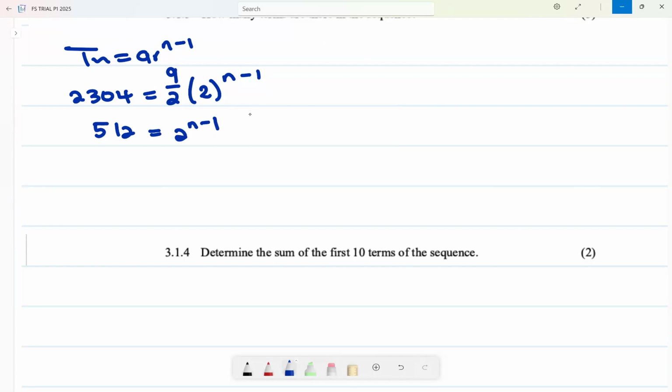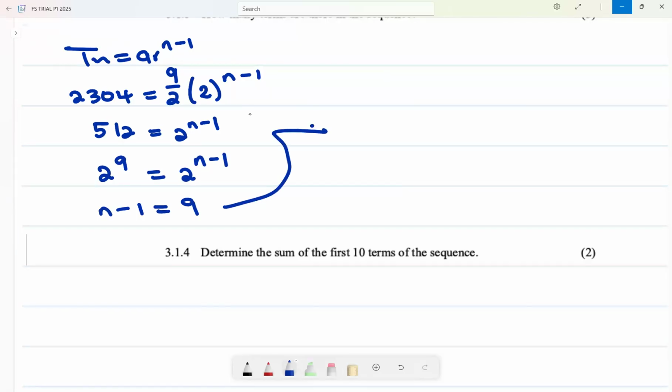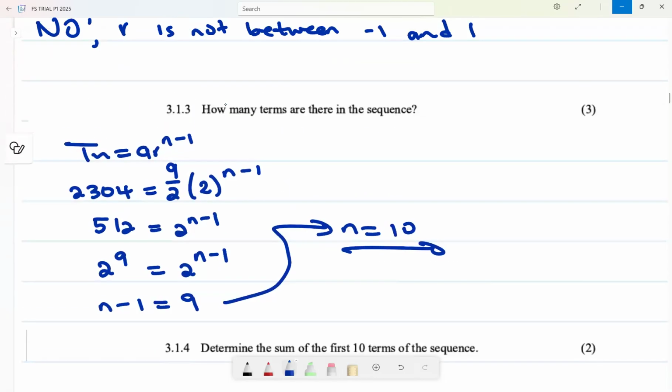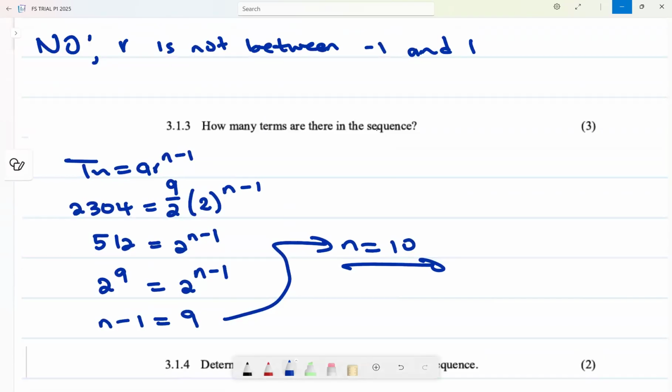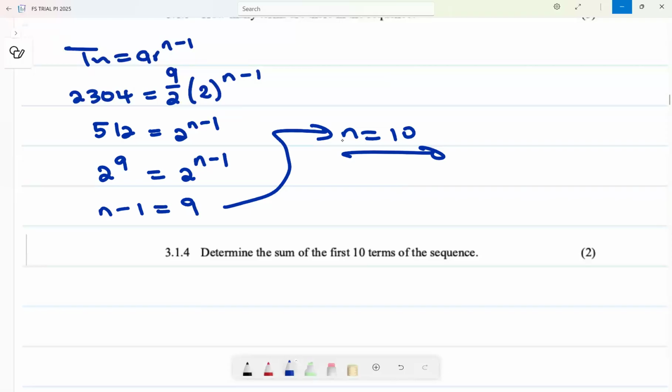And 512, I know it can be expressed as 2 to the power of 9. So 2 to the power of 9 equals 2 to the power of n minus 1. Then n minus 1 should be equal to 9, and n should be equal to 10. So how many terms are there in the sequence? There are 10 terms in the sequence.